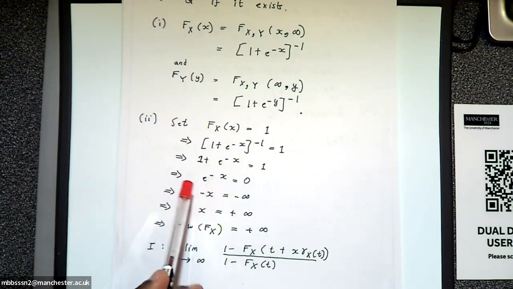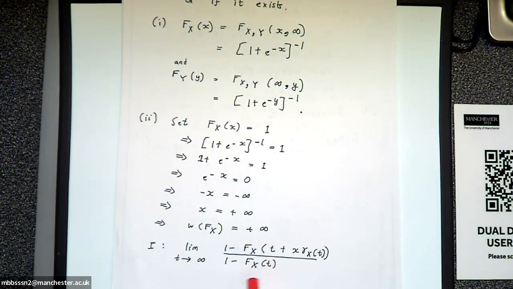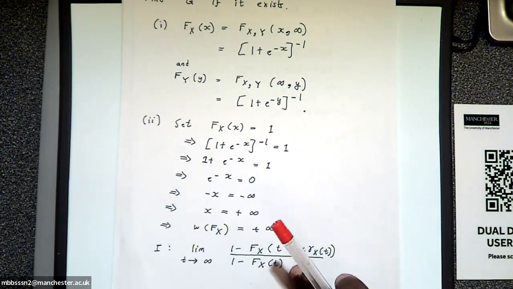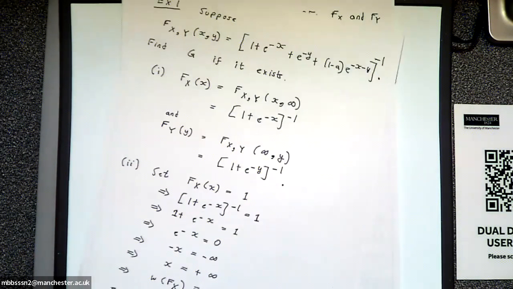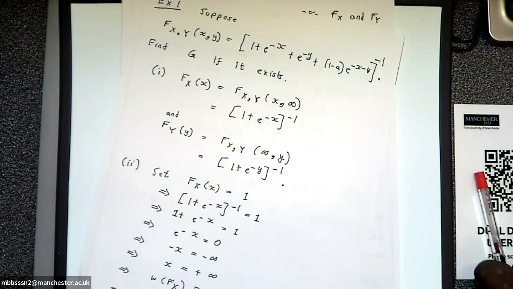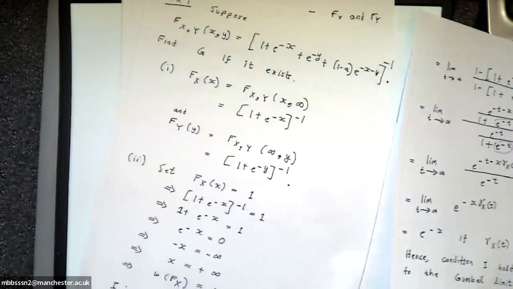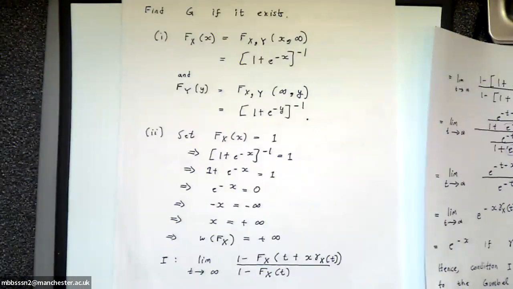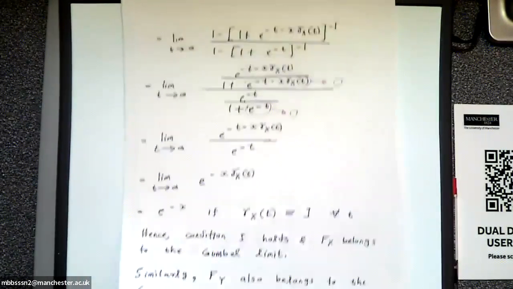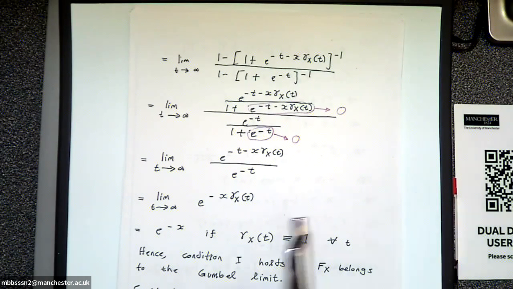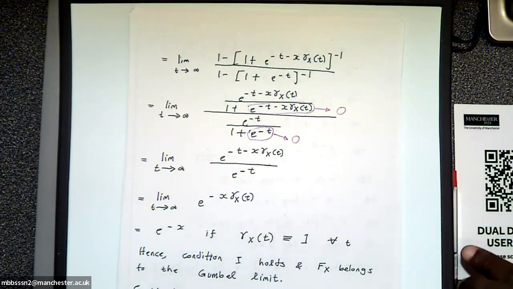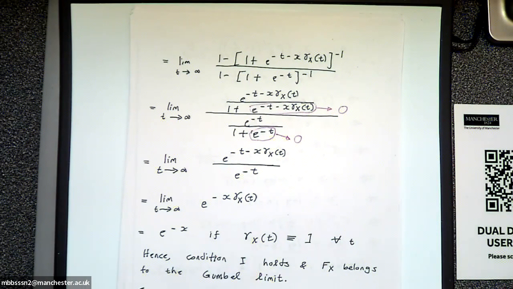In order to do that, you find the w of Fx, which turns out to be plus infinity. And then you check condition 1. It turns out that condition 1 is satisfied because, as you can see, the limit is equal to e to the minus x.